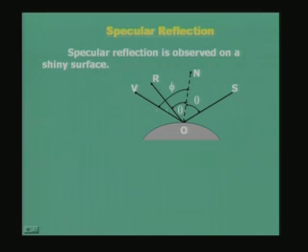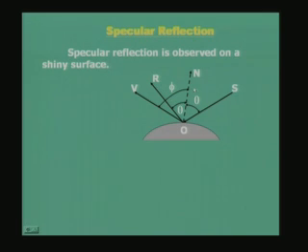We have the angle theta between n and s, and we have introduced a vector r, which bears the same angle theta between r and n. This r is called the reflection vector.